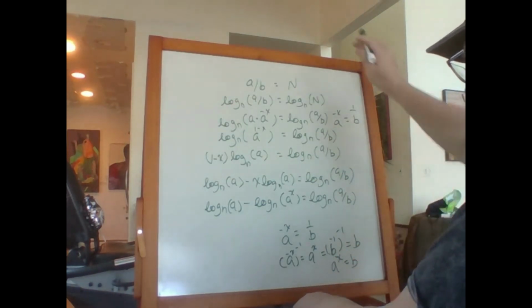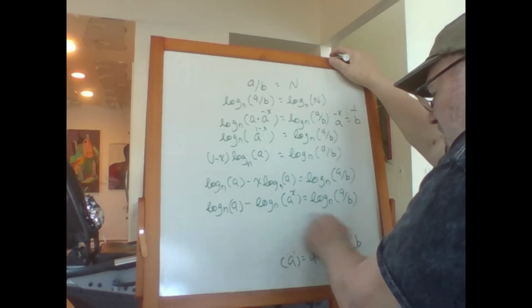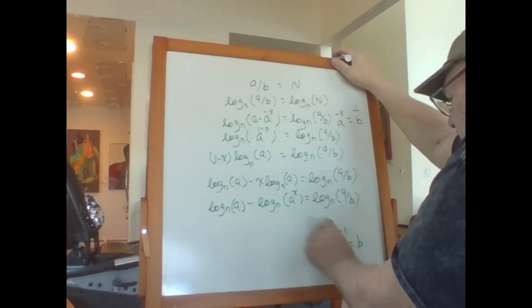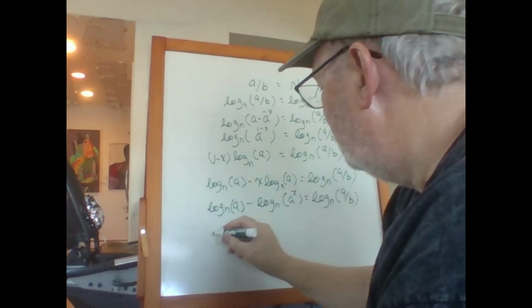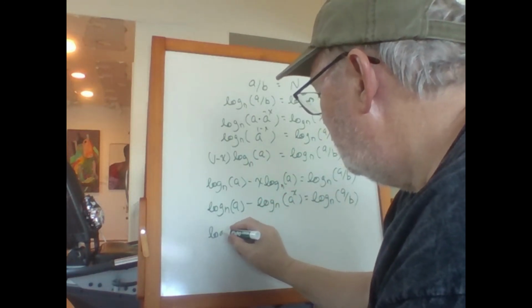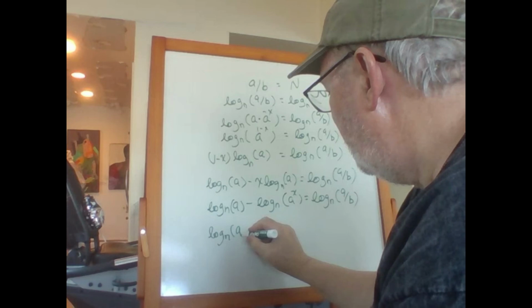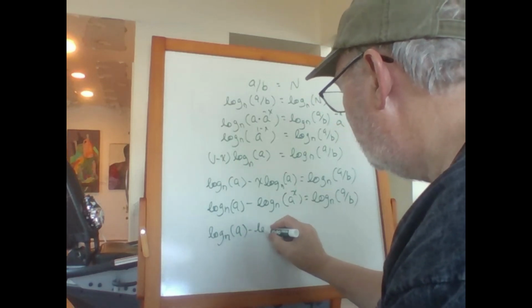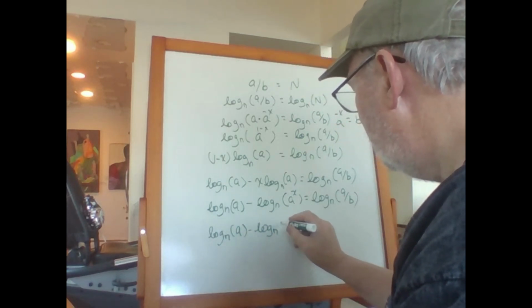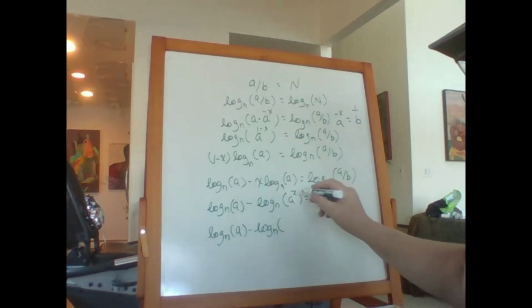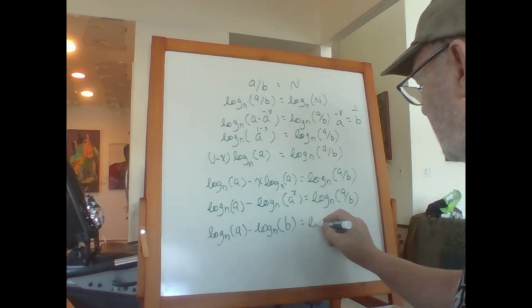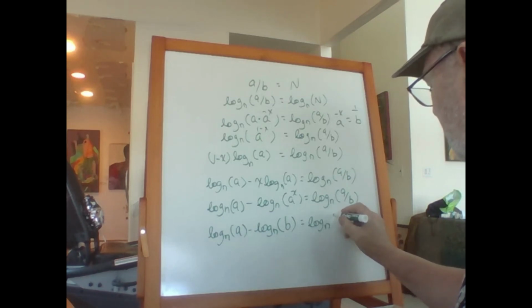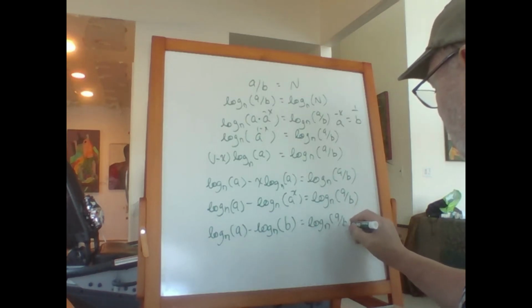So we use that to derive our other rule. We have log base n of a minus log n of a to the x, which is b, is equal to log n of a divided by b.